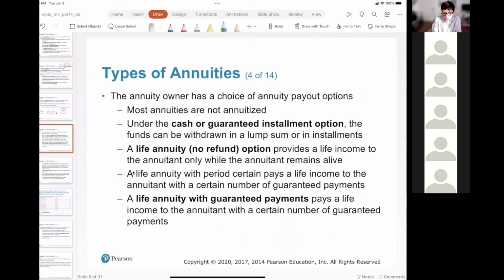This first bullet point is interesting. Most annuities are not annuitized. What? It's true. And when we say annuitized, we mean we don't flip the switch and turn it into guaranteed income. Because people hate the idea of turning it into guaranteed income and then dying prematurely.